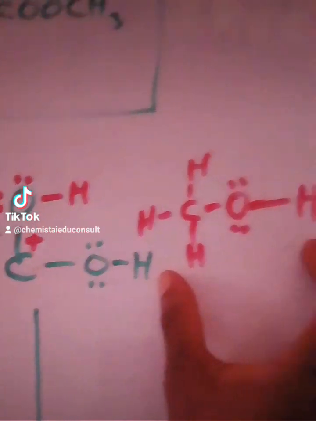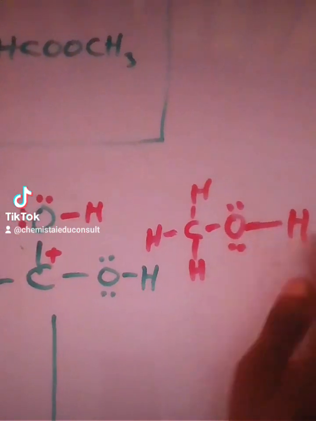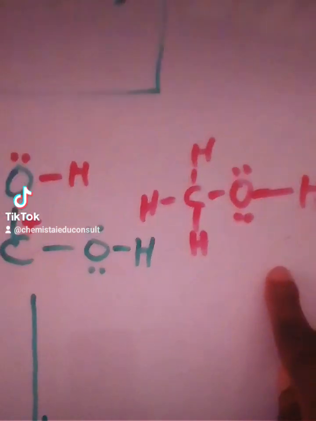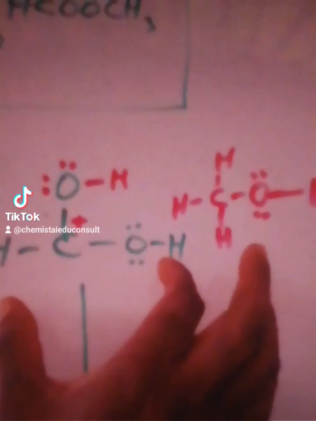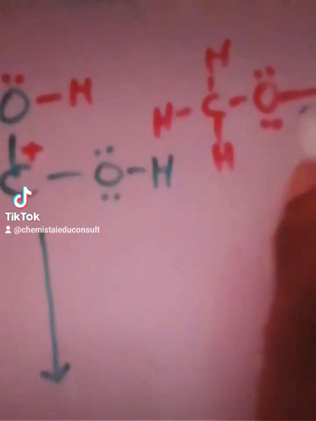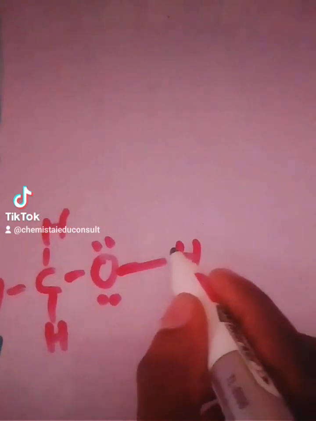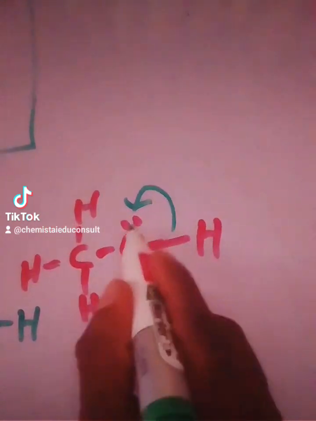Now we bring in our methanol, CH3OH. What this methanol does is to protonate this particular species. To protonate it means that this hydrogen is going to leave this place because oxygen is more electronegative.